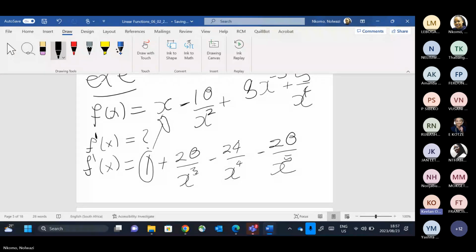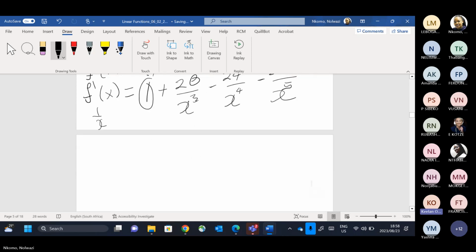Is 1 over x the same as 1? Yes. Is that not the same as 1, ma'am? No, it's not the same. Okay, so I should have left it as 1. Yes. Okay. I'll do just that term.